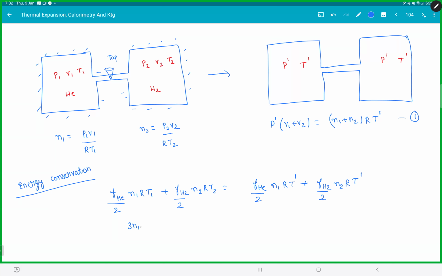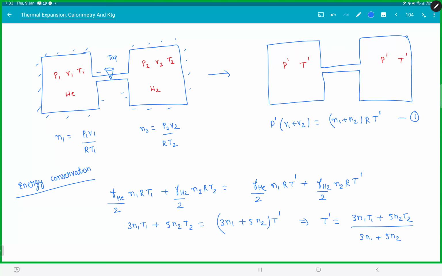This would be 3 N1 T1 plus 5 N2 T2 is equal to (3 N1 plus 5 N2) T dash. There. So you got the temperature from here: T dash equals (3 N1 T1 plus 5 N2 T2) by (3 N1 plus 5 N2). Once you got T dash, substitute, you'll get P dash also. Yeah, you can substitute N1 and N2 to get the answers.